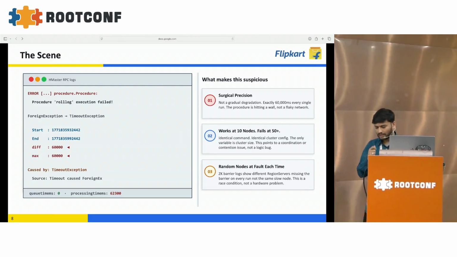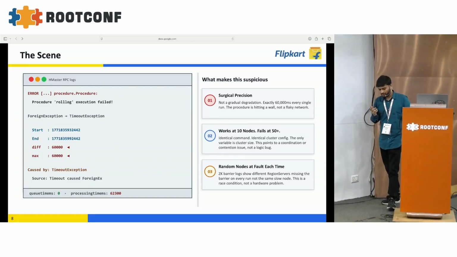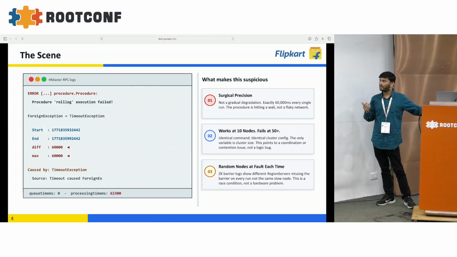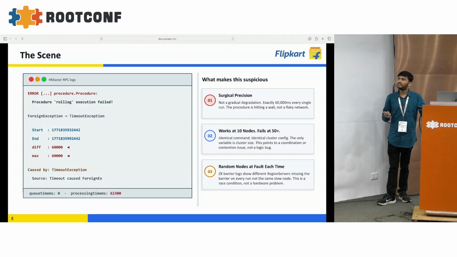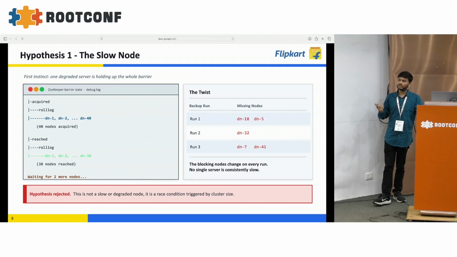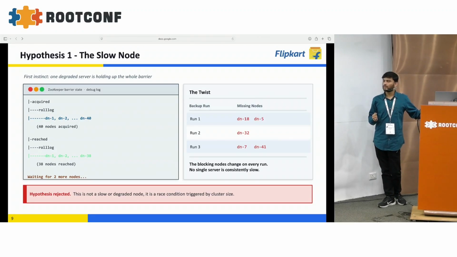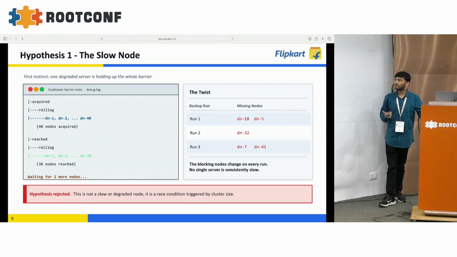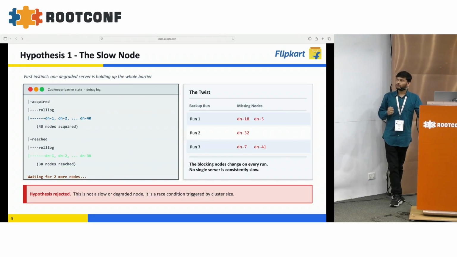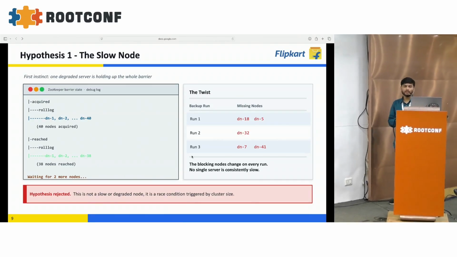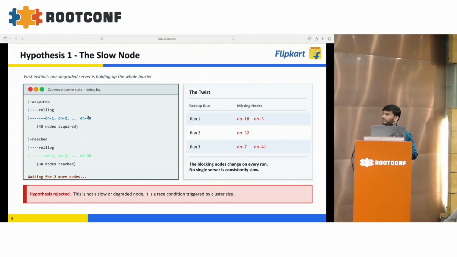So the first problem: if we are scaling the setup and the backup starts failing, the first thing that comes to mind is, okay, it is possible that now we have more than 50 nodes, a few nodes are slow. Then that could cause the issue, right? But was it the issue? Then we checked the logs, and here you can see it was mentioning separate stages, right?